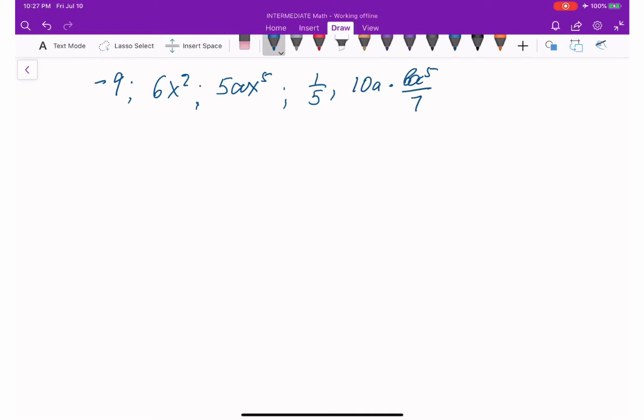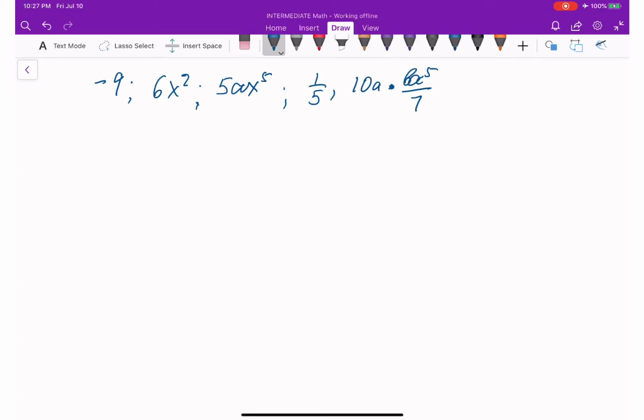That is also a term. Why? Because multiplication doesn't form two different terms, but only summation, only plus or minus signs can form different terms, okay?